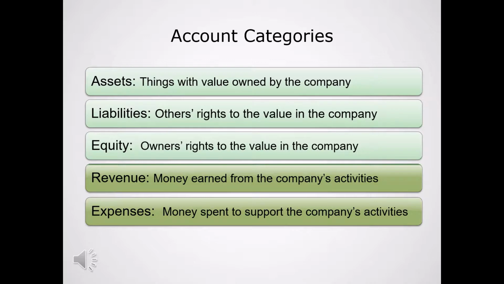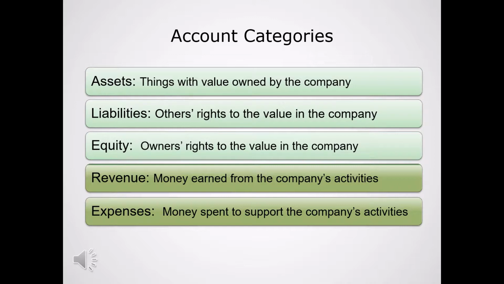Assets are things with value owned by the company. The reason we own assets is that they are expected to grow the business and to bring in more revenue. Liabilities are others' rights to that value in the company. So assets have value, and people outside the company have maybe loaned us money or provided us with things that we haven't paid for yet.